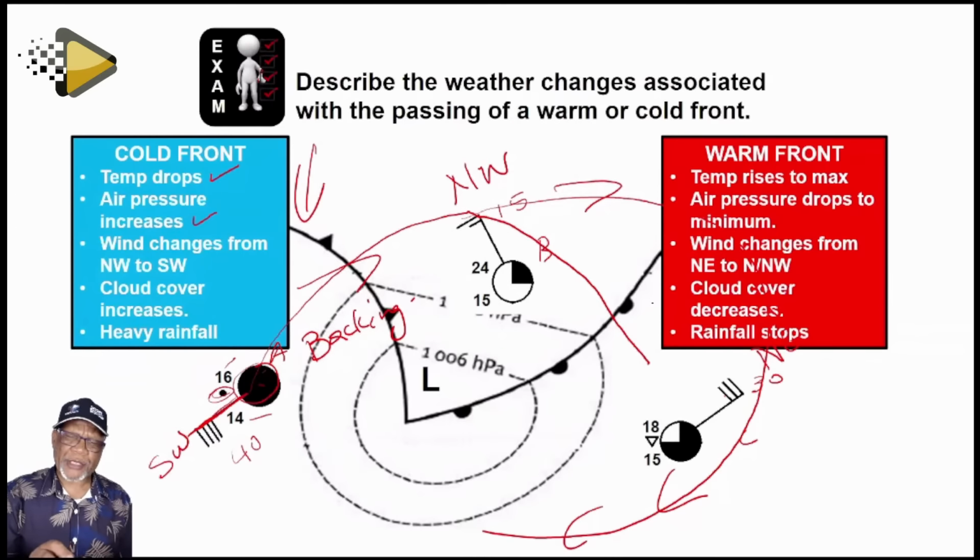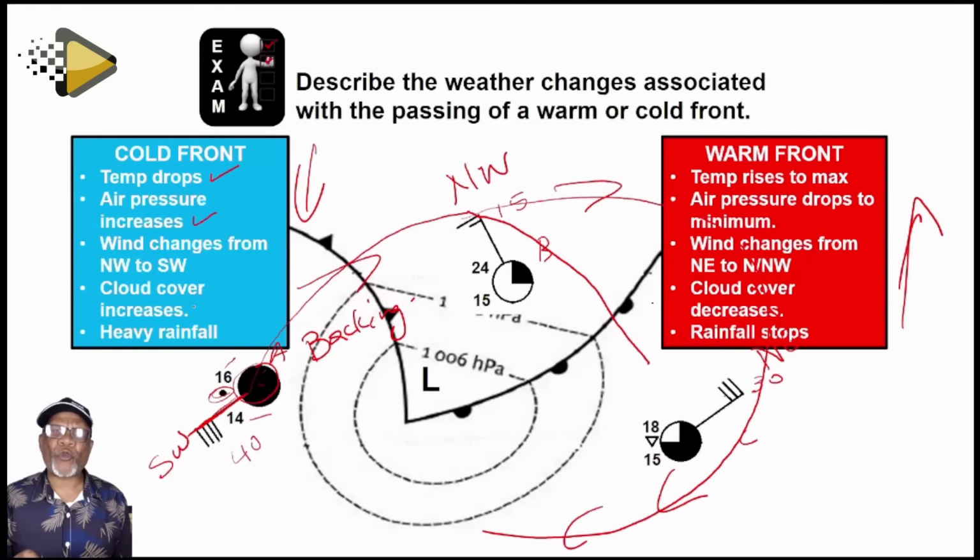And now you can see the wind changes in direction. That is because of that clockwise circulation. And the cloud cover is going to increase because rising air will condense. Rising air condenses and increases cloud cover, and we can experience precipitation. We can experience heavy rainfall.